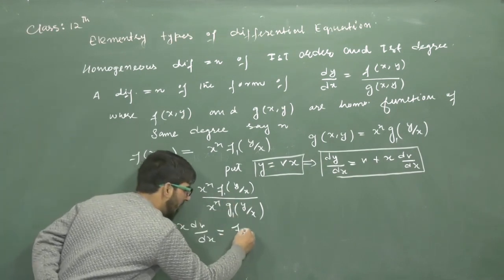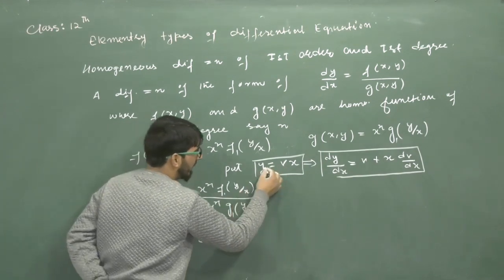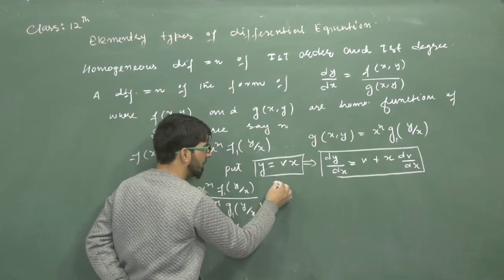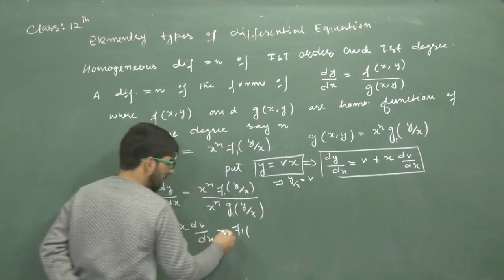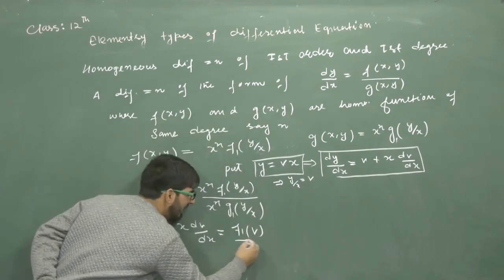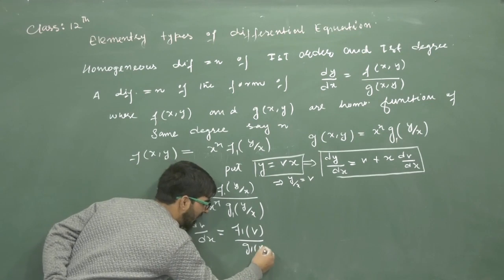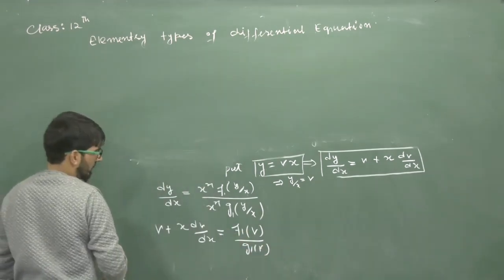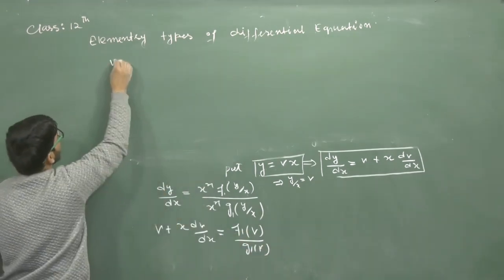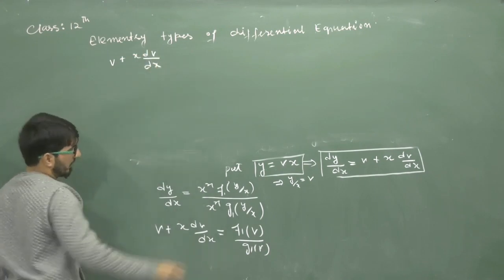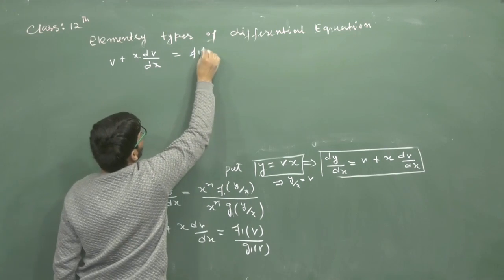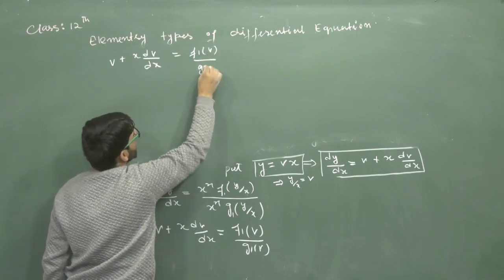This will be f1 of y by x. Here y is equal to vx, which implies y by x is equal to v. So this will be f1 of v divided by g1 of v. So here v plus x times dv by dx is equal to f1 of v divided by g1 of v.